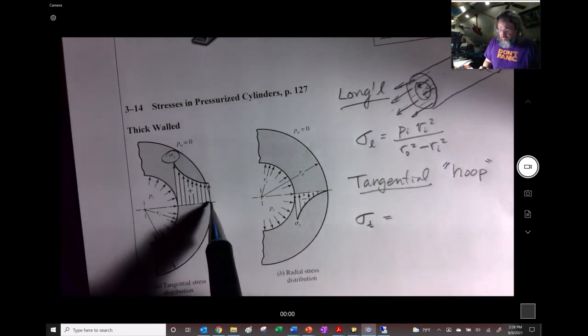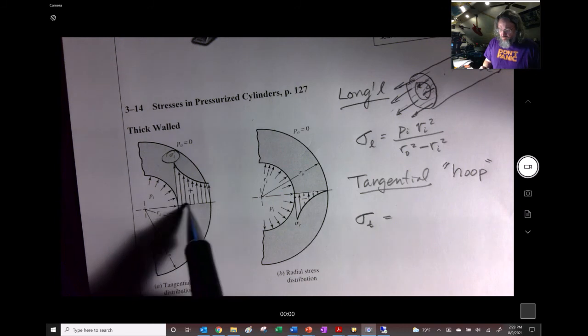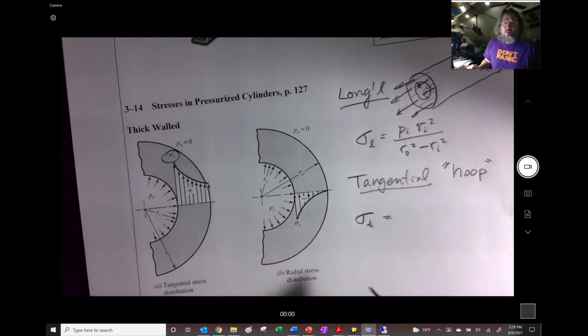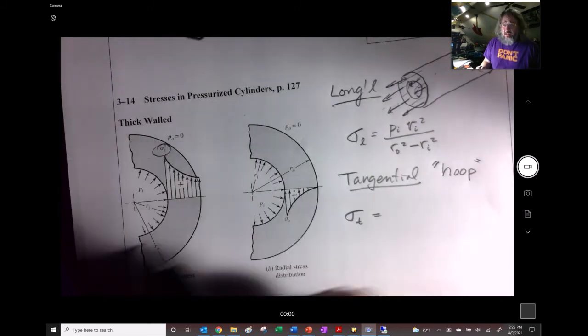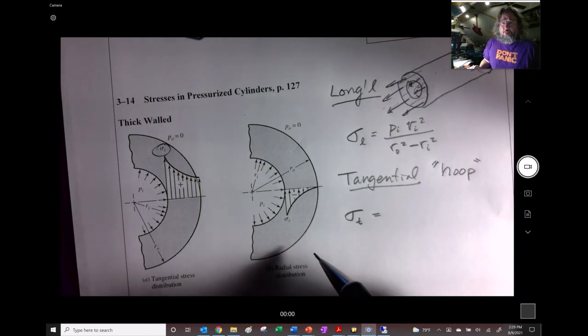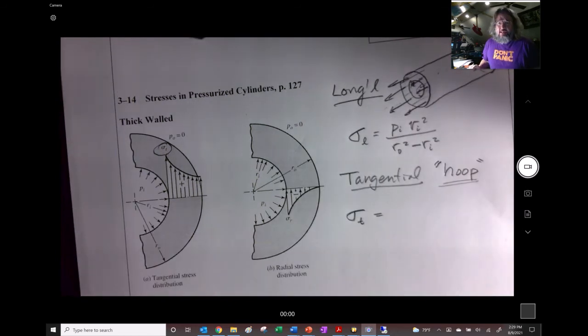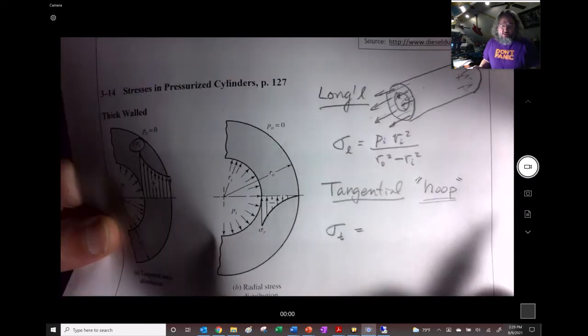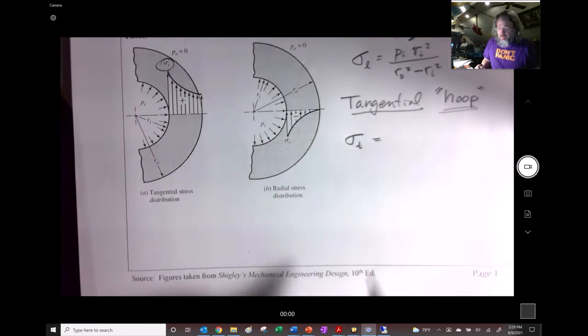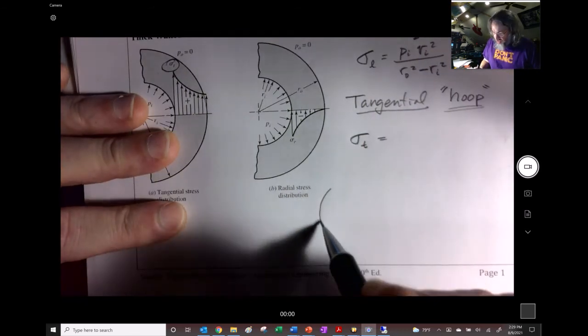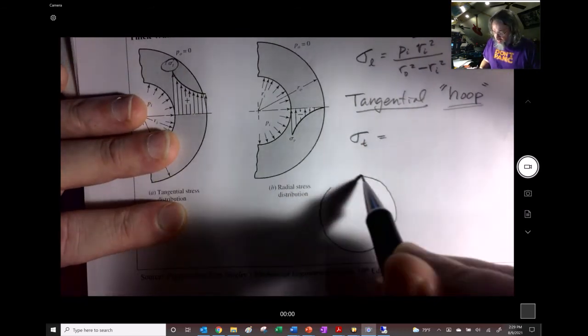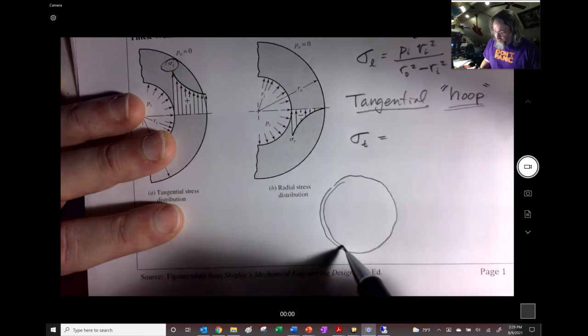This is the distribution of that hoop stress within a cylinder wall. So how could you think about this? Well, I think this word hoop is really the key to understanding what that might look like. Now, picture yourself inside of a very large hula hoop.